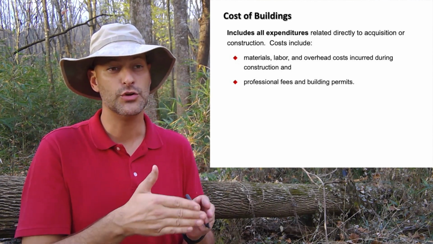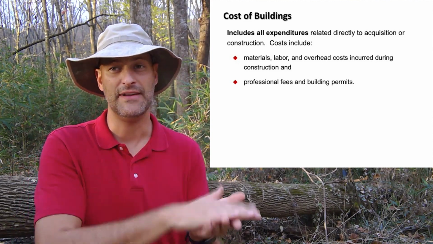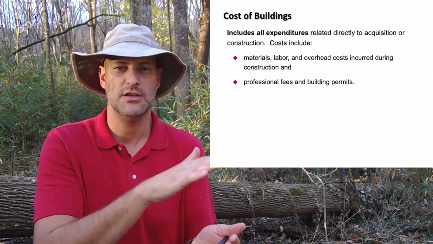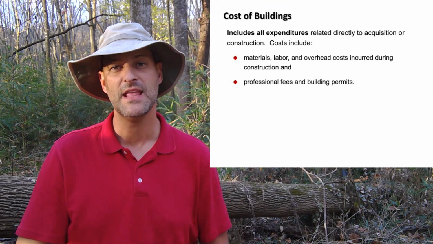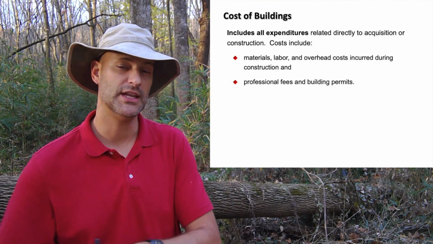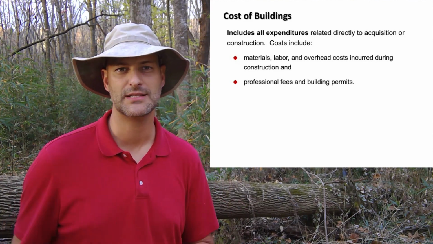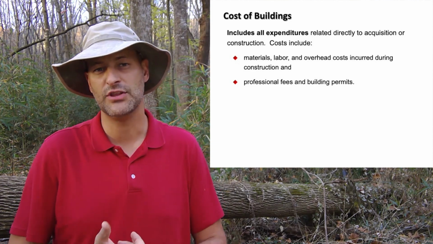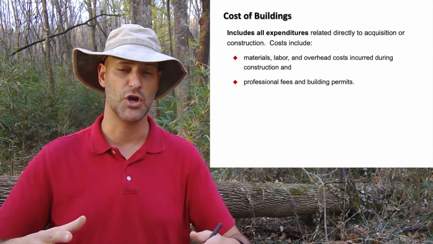That includes everything from designing the building to the foundation, any permits associated with putting the building up that we have to pay, and any taxes specific to building the building. It includes materials, labor, overhead costs, everything during construction, professional fees, building permits, everything. It all goes into the cost of the building.